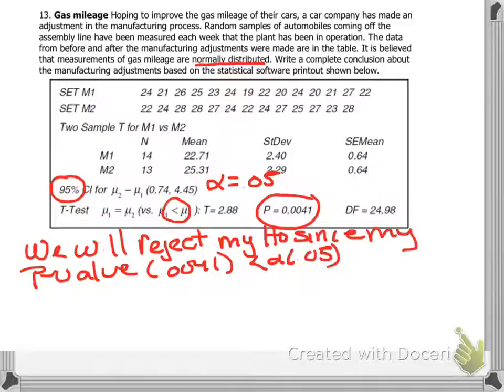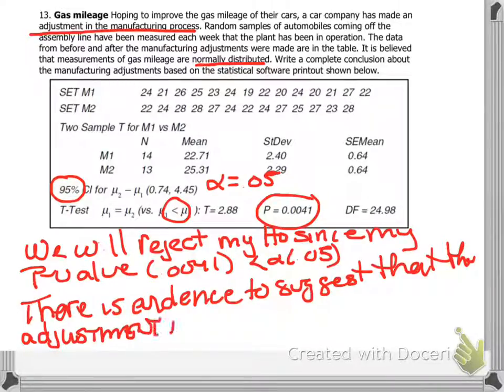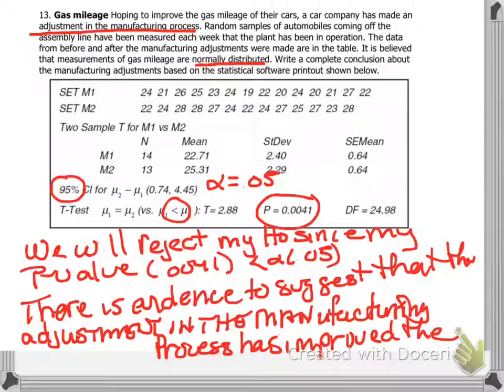The complete conclusion: there is evidence to suggest that the adjustment in the manufacturing process has improved, or has increased, the miles per gallon.